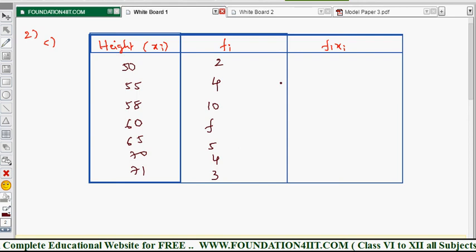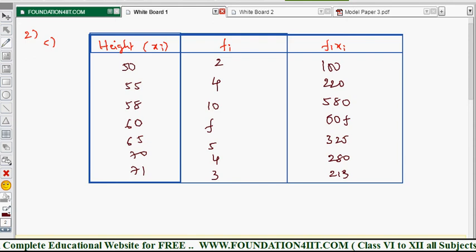Now multiply: 50 into 2 is 100, 55 into 4 is 220, 58 into 10 is 580, 60 into f is 60f, 65 into 5 is 325, 70 into 4 is 280, and 71 into 3 is 213.